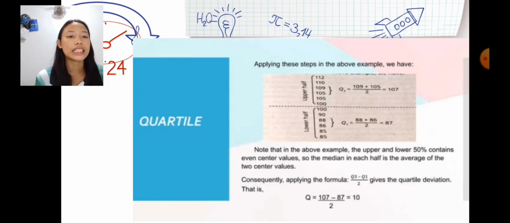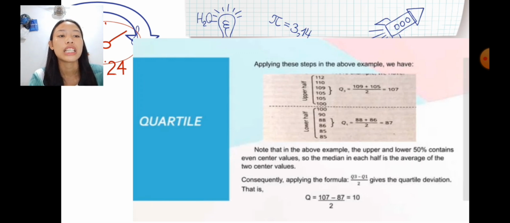Note that in the above example, the upper and lower 50% contain an even number of values, so the median in each half is the average of the two center values. Consequently, applying the formula, the third quartile minus the first quartile, over 2, gives the quartile deviation. So Q equals 107 minus 87 over 2, which equals 10.